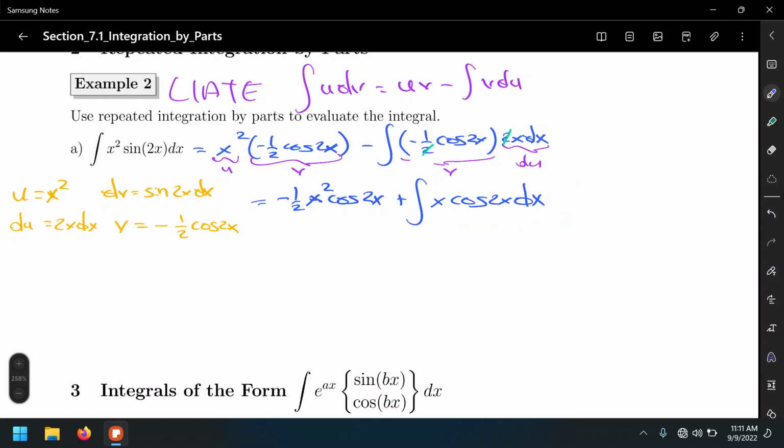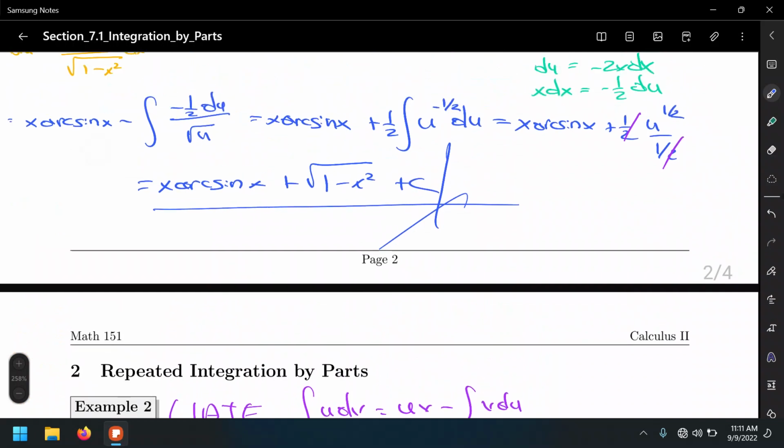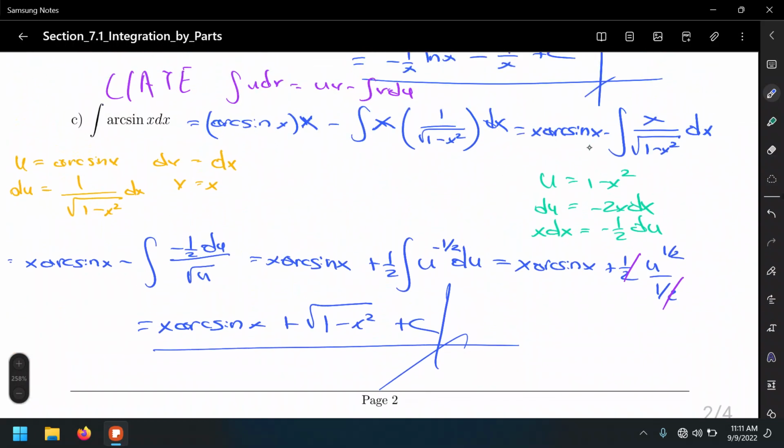All right. So, okay, the integral of x cosine 2x. Well, let's go back to the previous example. In the previous examples, we were able to use a very tiny u substitution to compute the second integral that arises after using the integration by parts.